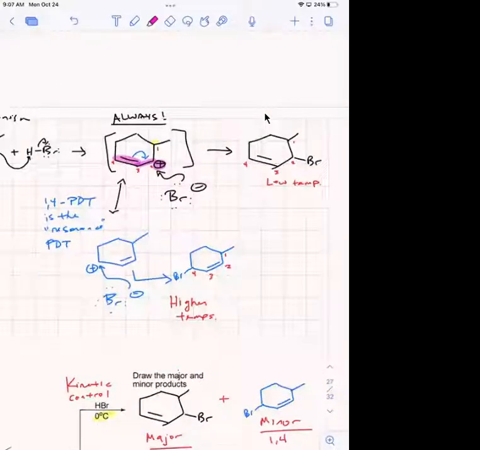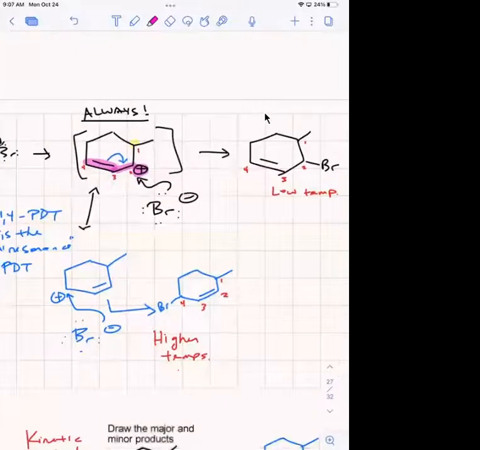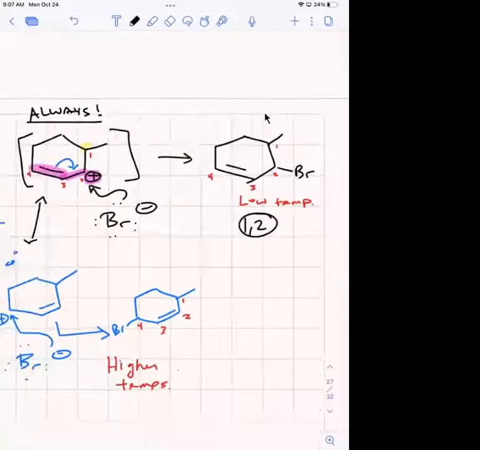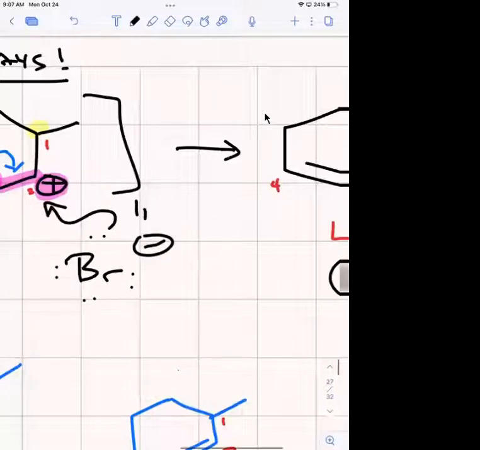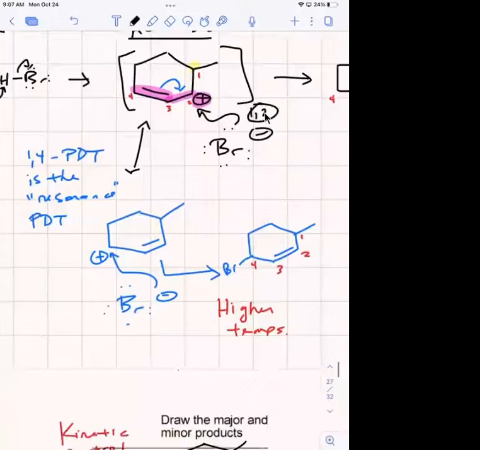Because now we can talk about the two different product pathways. Here you have the 1,2 pathway, where the bromine just attacks directly, and I'll just number that out here. And then over here, you have the 1,4 pathway, where the bromine doesn't attack directly.